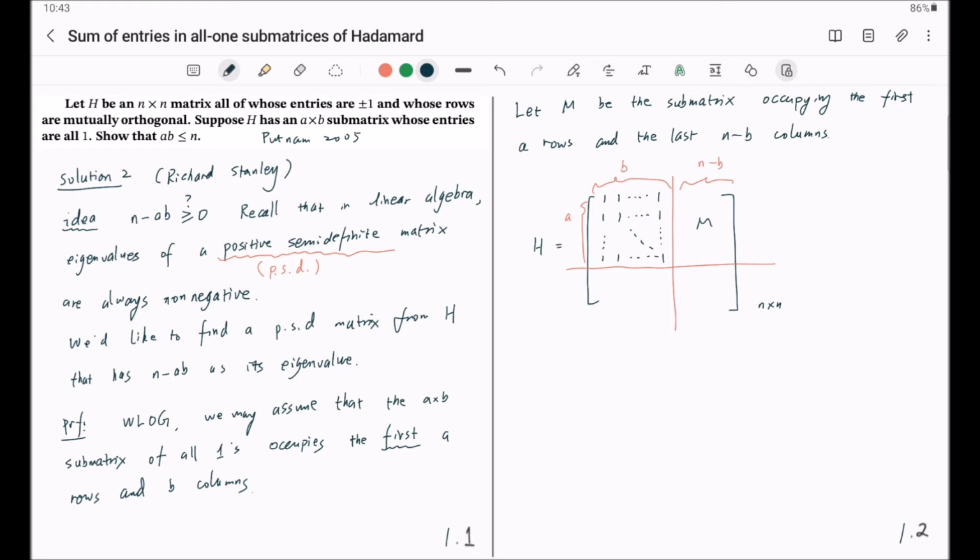Now let us look at the matrix M times M transpose, which is an A by A matrix. And it is clear that this matrix, its product, is PSD, positive semi-definite.